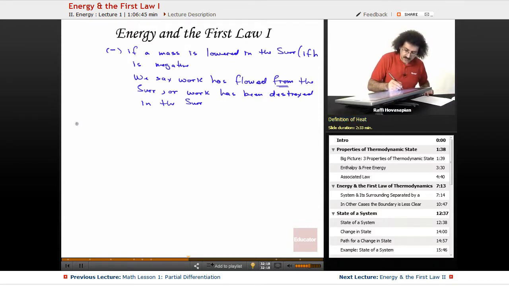So, let's see. So now let's talk about heat. Okay. Heat is, again, the process. Notice I'm using the word process in the definition of work and in the definition of heat.